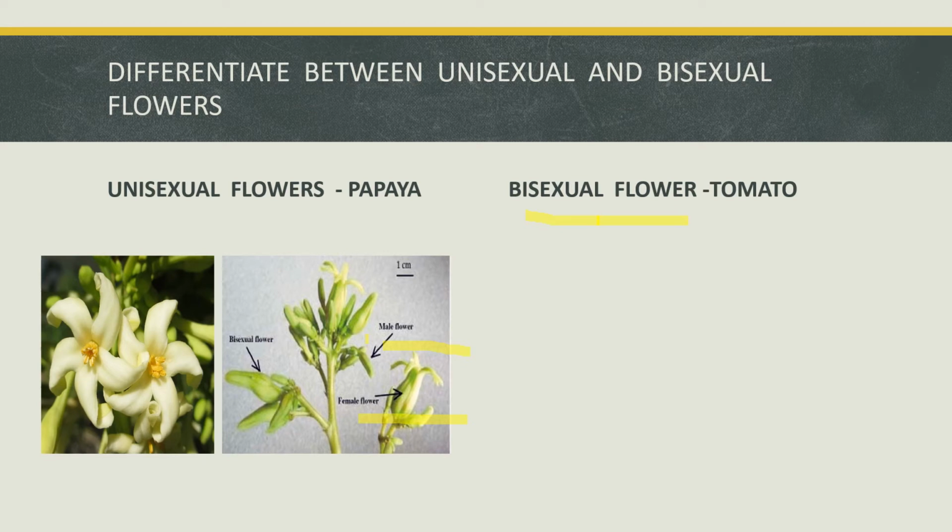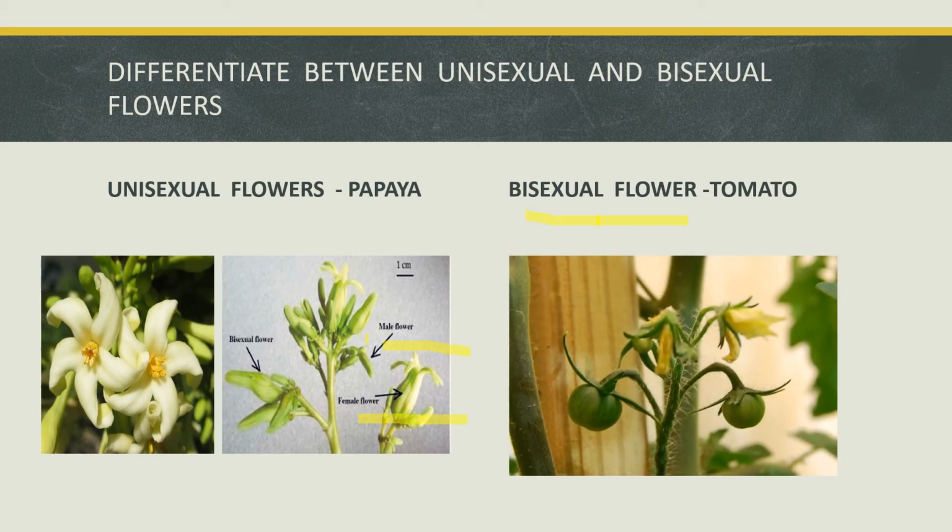All these have both a pistil as well as stamen. So the tomato plant is an example of a bisexual flower. Here, the flower contains both pistil and stamen. Such a flower which has both pistil and stamen, or male and female reproductive parts, is called a bisexual flower.